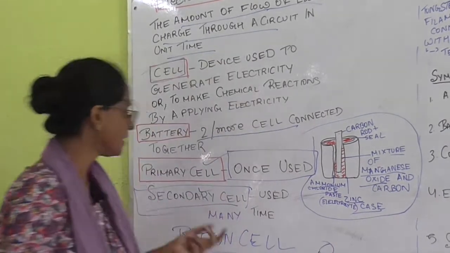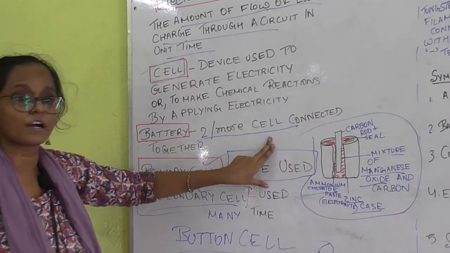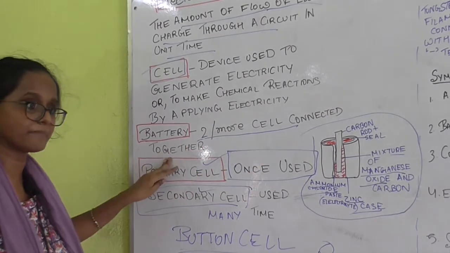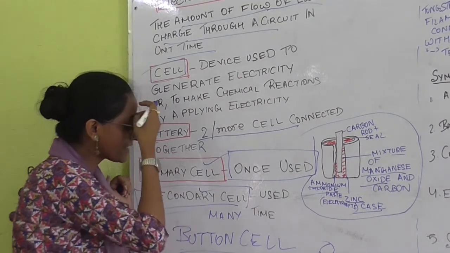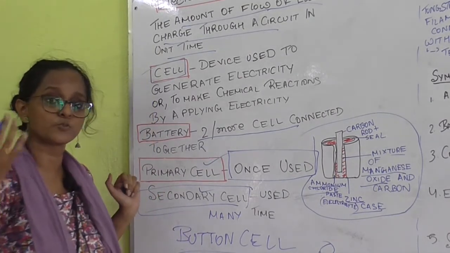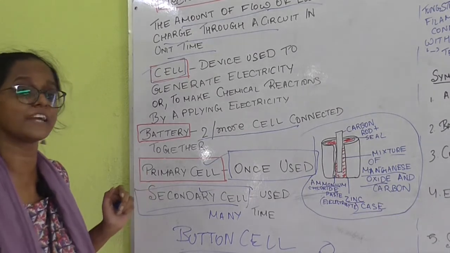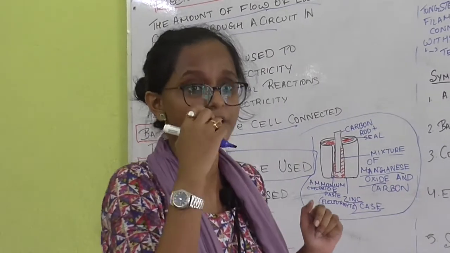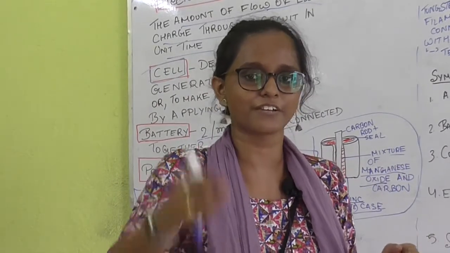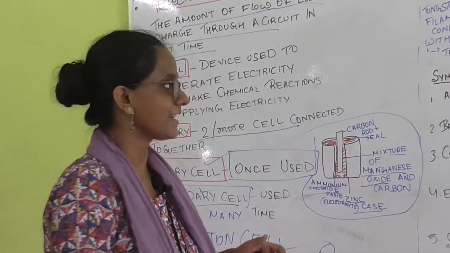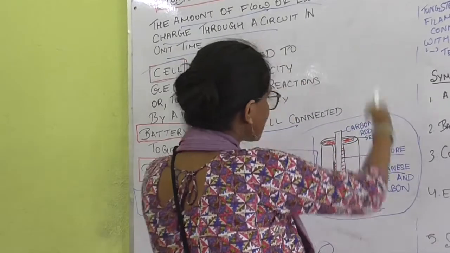Now we are accustomed with the primary cell. Now the secondary cell. Secondary cells are those cells which can be used many times. Which kind of cell can be used many times? Of course, everybody has seen the mobile battery. We can charge it and we can use it many times. Clear? Now we are done with this topic.